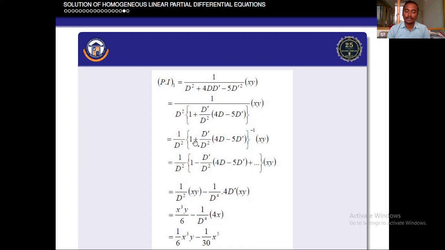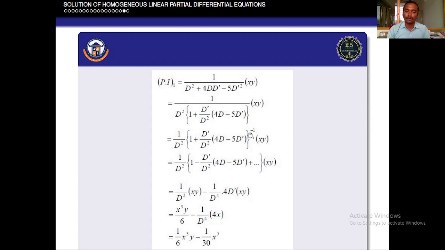Now this expression is in the form of (1 + x) to the power −1. Here x is equivalent to the term D'/D² (4D − 5D'). Now expand this series.